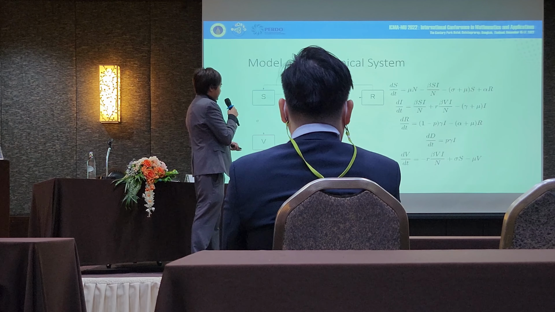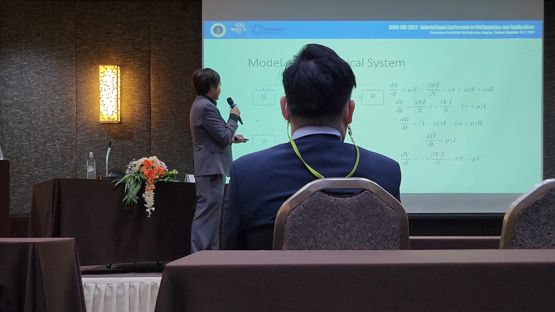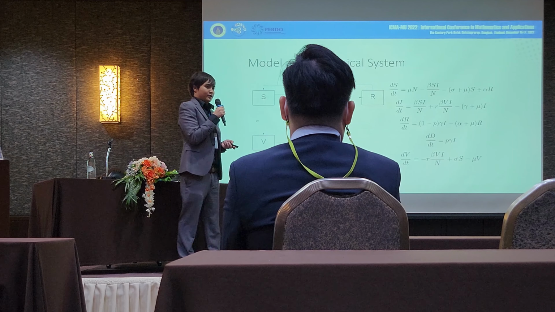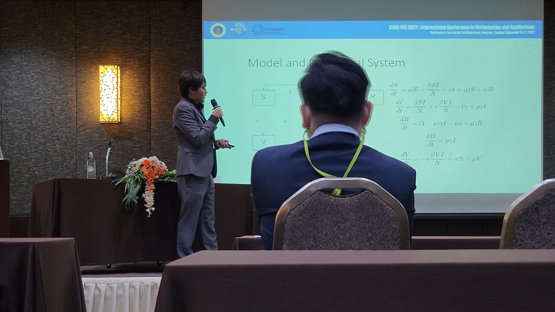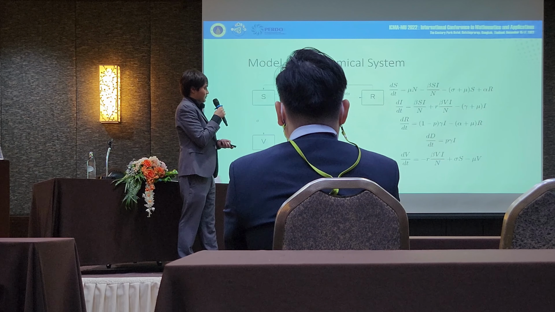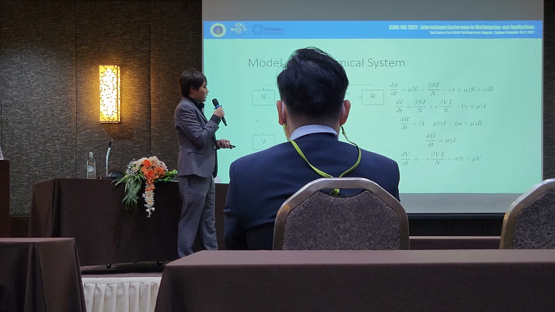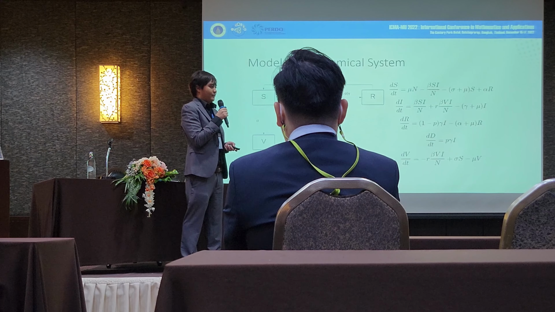The terms beta S I over N are the mixing between the susceptible and the infected people in the population, and the term beta V I over N, the mixing between the infected people and the vaccinated people, meaning that people who are vaccinated can still become infected.